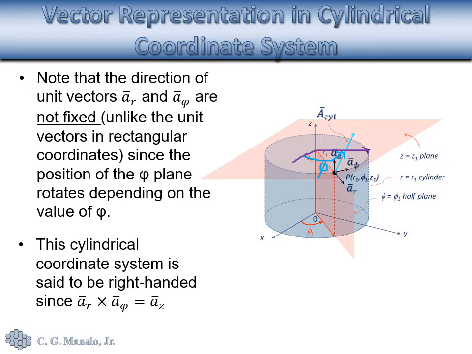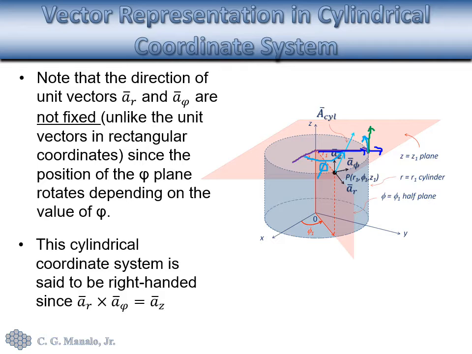Okay, so that will be our phi. Our r would be this one, and therefore the direction of a sub r would be in this direction. The direction of a sub phi will be in this direction, tangent to the cylinder, and a sub z would still be in this direction.